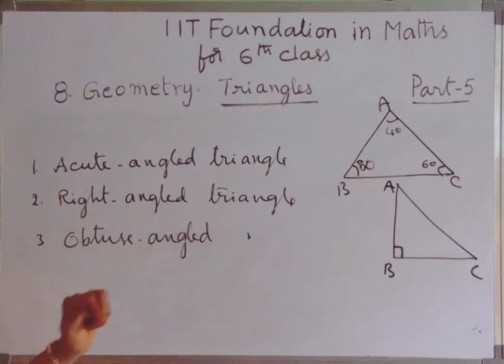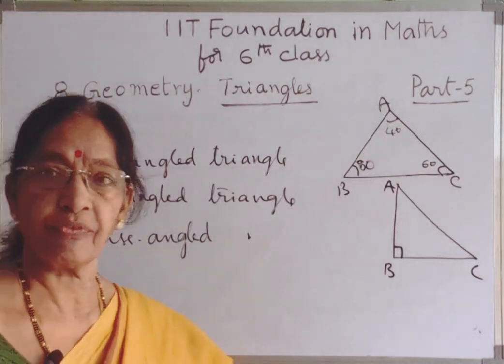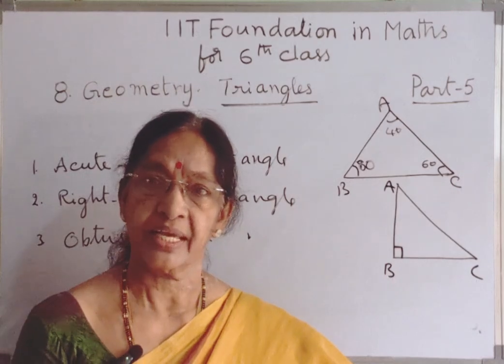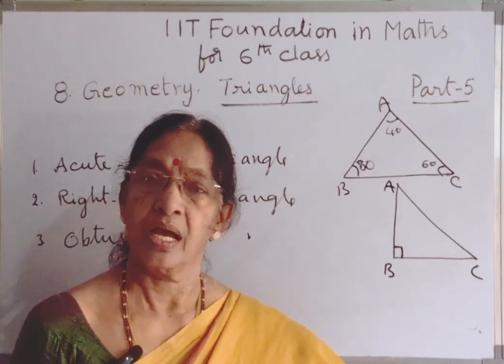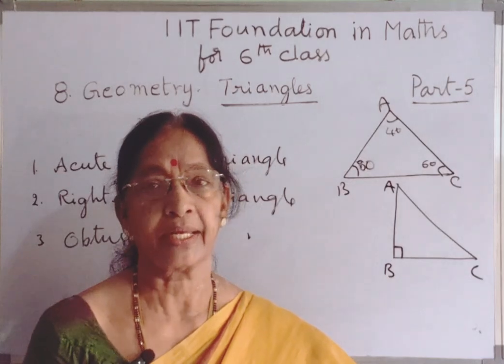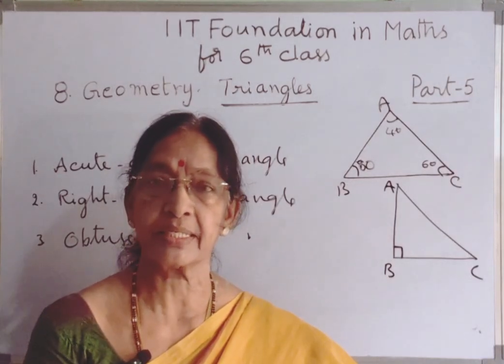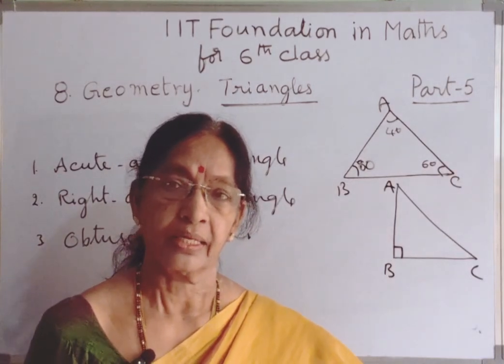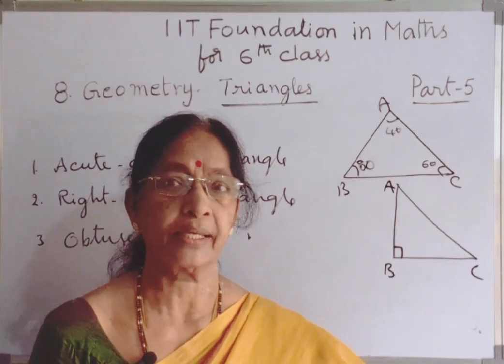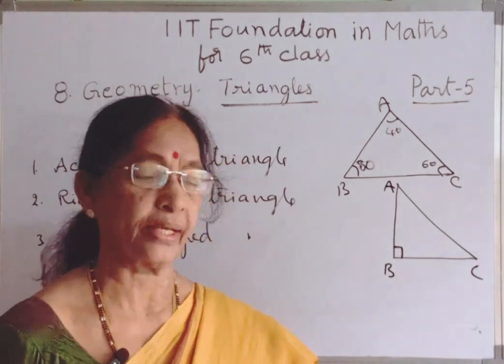Next, obtuse angled triangle. If one of the angles in a triangle is obtuse, that is greater than 90 degrees and less than 180 degrees, or if an angle lies between 90 and 180 degrees, it is called an obtuse angle. Then the triangle is called an obtuse angled triangle.